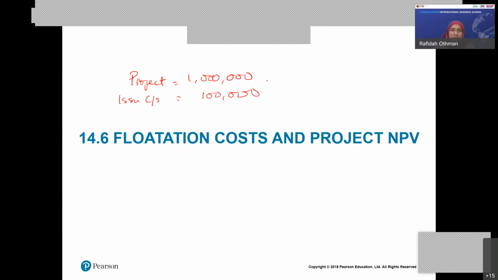So the capital that you have to generate is actually not 1 million, but 1,100,000. This 100,000 is the flotation cost. Flotation cost is the cost for you to issue the capital. You read all this, then you'll be able to understand. Very simple.